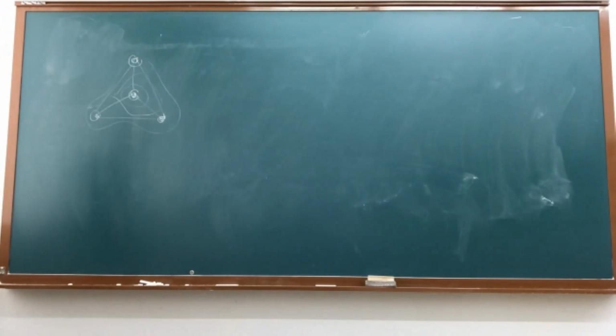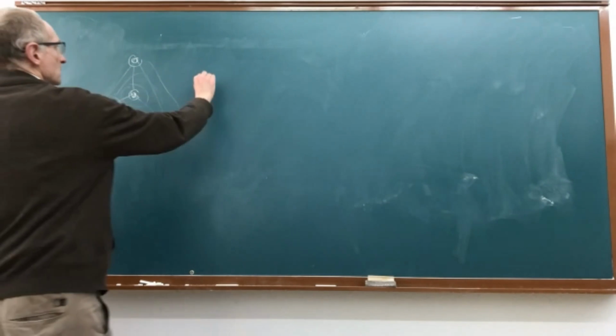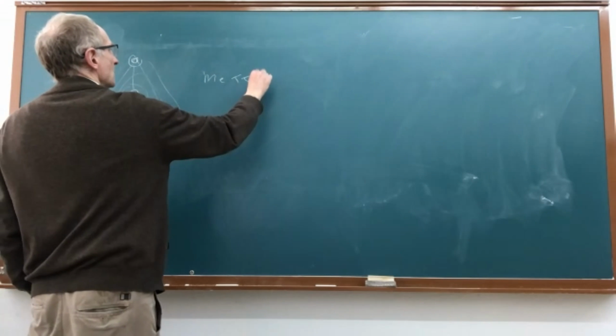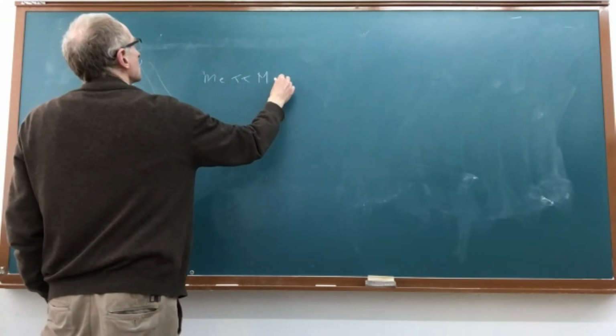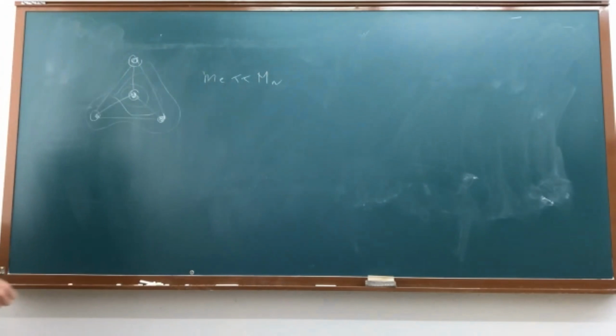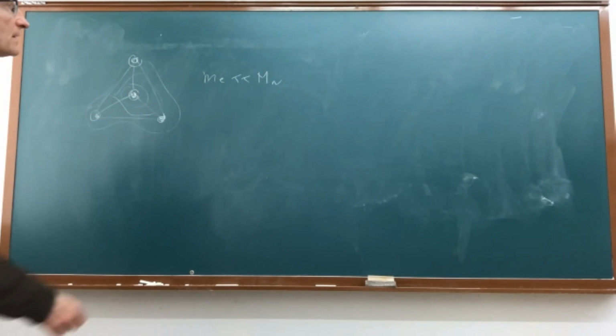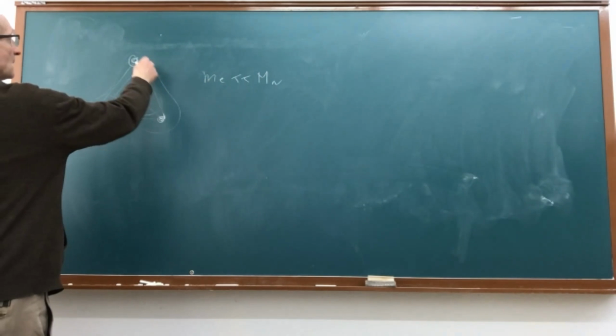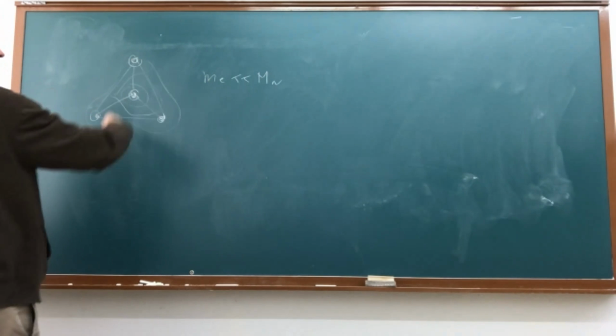And now you know that by the Born-Oppenheimer approximation, the idea is that the electronic mass is much smaller than the nuclear masses, and therefore they move much faster, and they really follow almost instantaneously the motions of the nuclei.